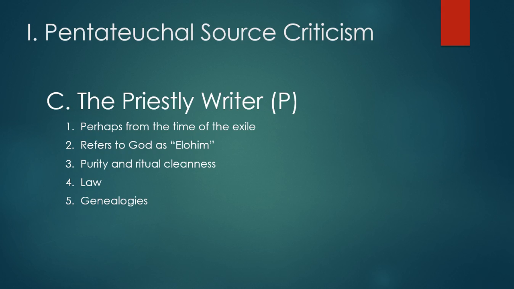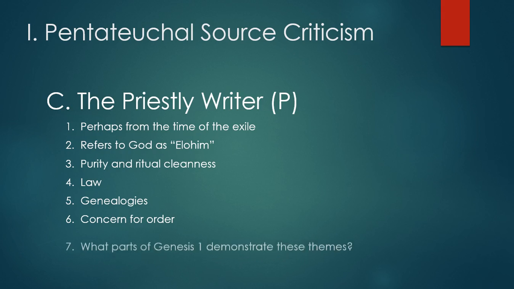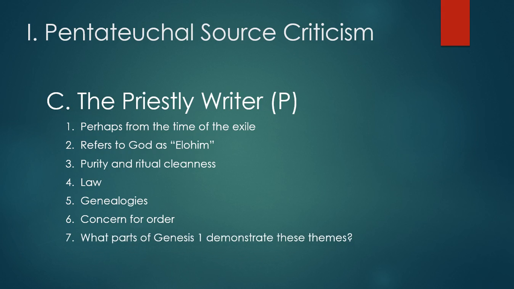But either way, the genealogies can go back to P. As you've seen in Genesis 1, we're going to have a concern for order. And so at the bottom of the slide, I just put a question that addresses some of the things I've been talking about. Maybe you can think about sometime or jot down what parts of Genesis 1 you think demonstrate these themes of P as we have listed them.